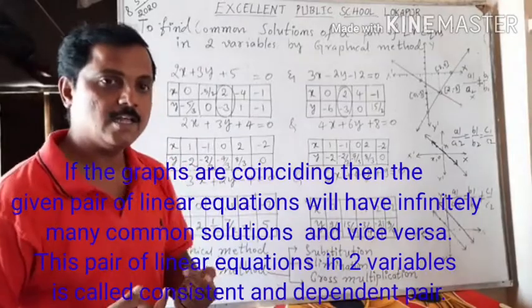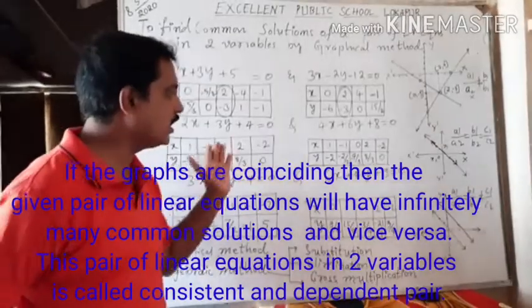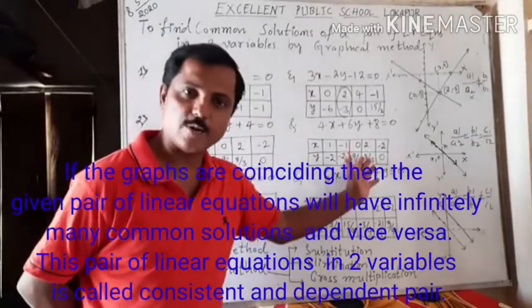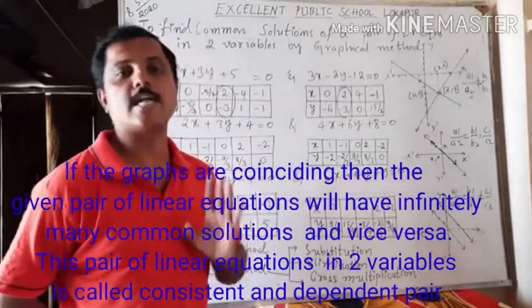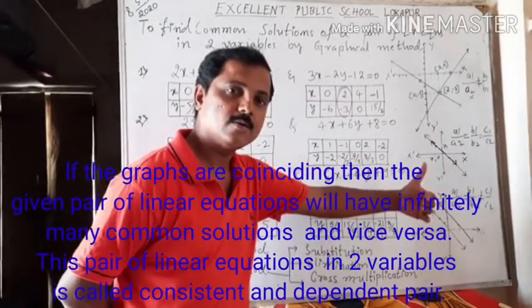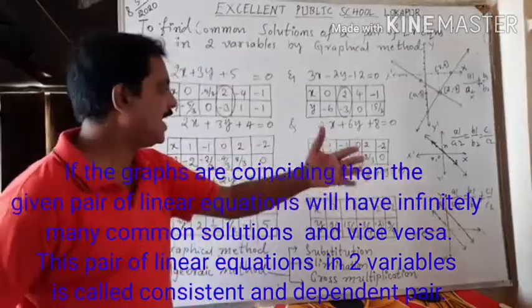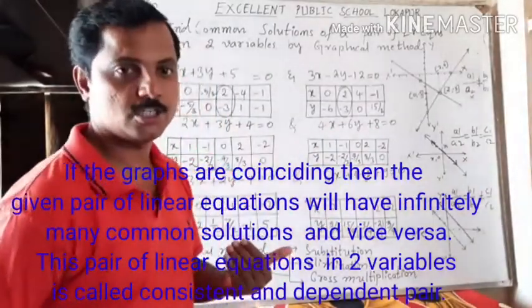What is that condition? If solution of one equation is also a solution of another equation, then the graphs will be coinciding graphs. If the graphs are coinciding, then what happens? Then both the equations will have infinitely many common solutions, right?